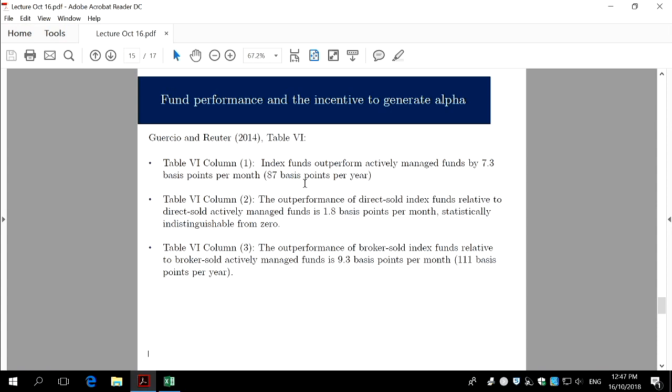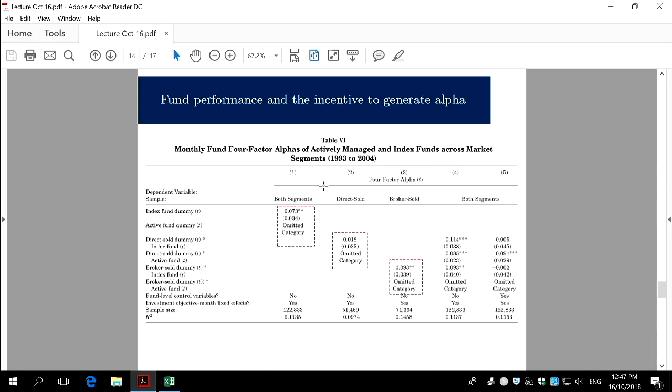That's 87 basis points per year. This number is a little bit higher than French's estimation, but close, because every paper has different numbers. So in aggregate, index funds are better than active funds. This is what we already know, right? This is what we already know. 7.3 basis points per month.